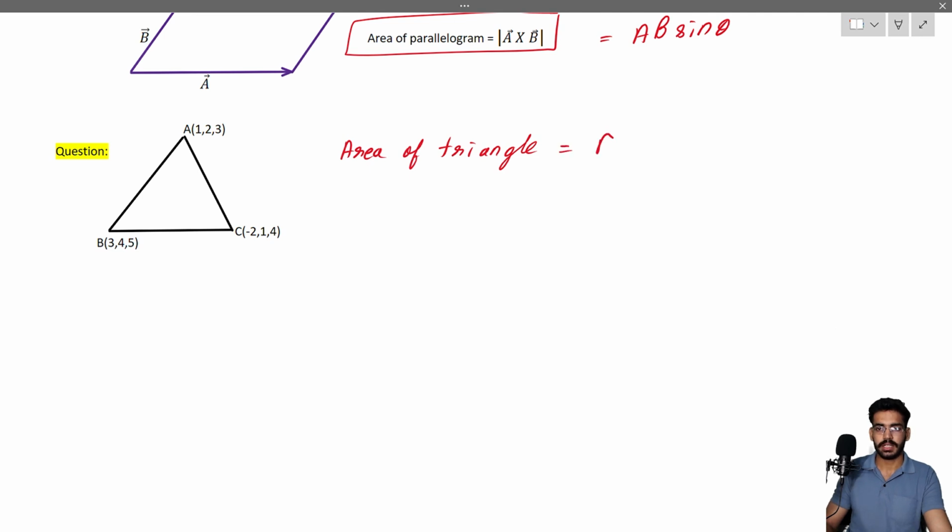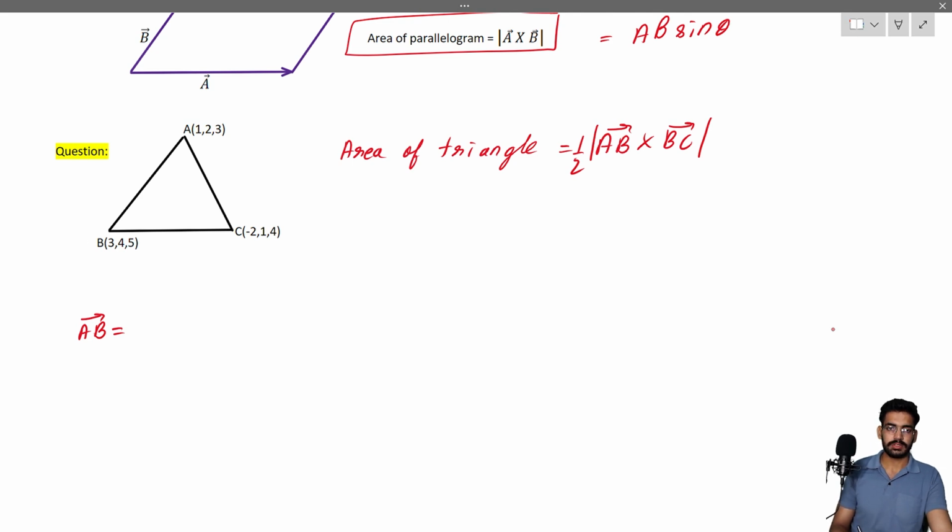The area of the triangle I can write as half of the magnitude of AB cross BC, any two sides. So let's first find AB cross BC, and then we will put it in. First find the AB vector: B minus A, so 3 minus 1, 2 i cap; 4 minus 2, that is 2 j cap; and 5 minus 3, that is 2 k cap.